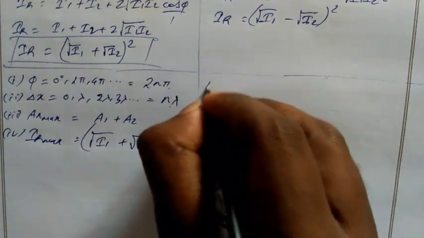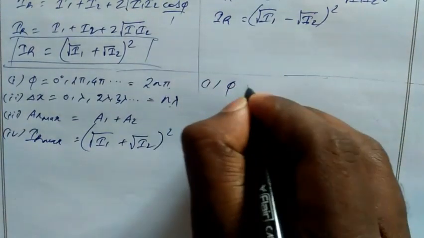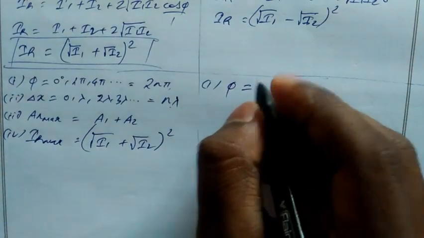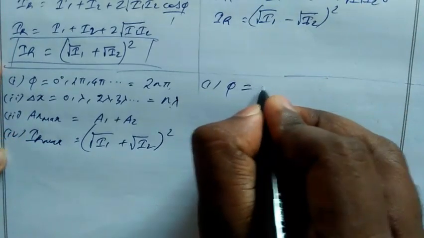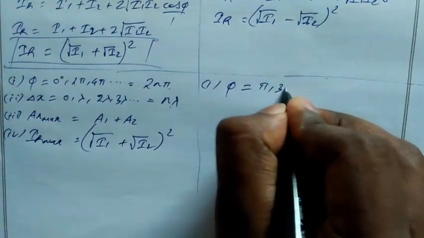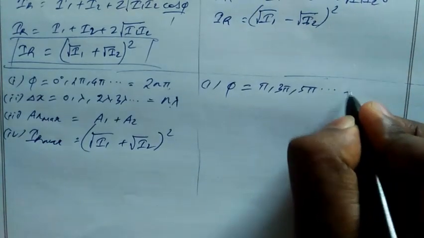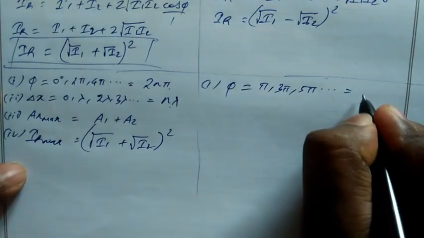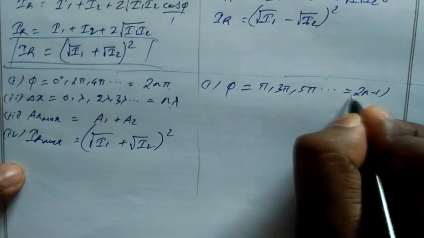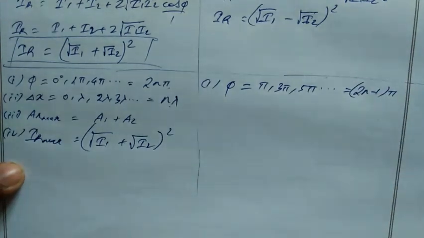For destructive, phase difference phi starts from pi, 3 pi, 5 pi, up to the value of phi is 2n minus 1 into pi. Okay, phase difference for destructive interference.